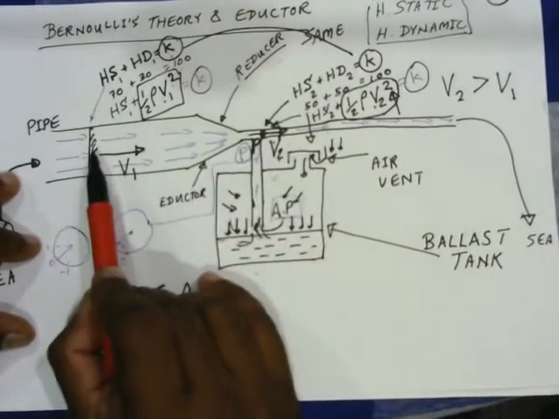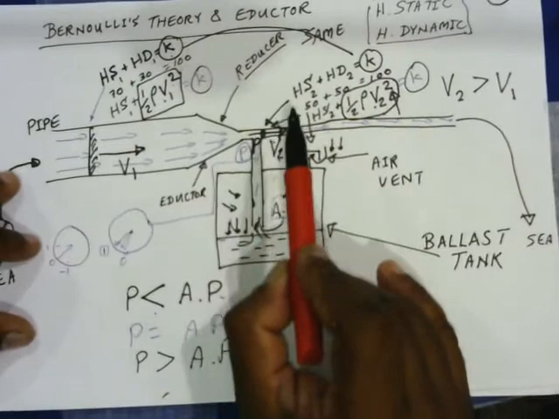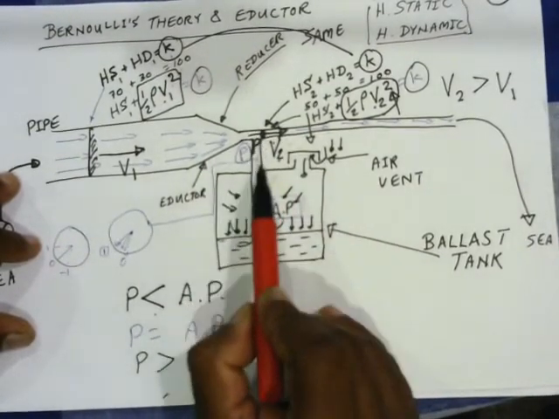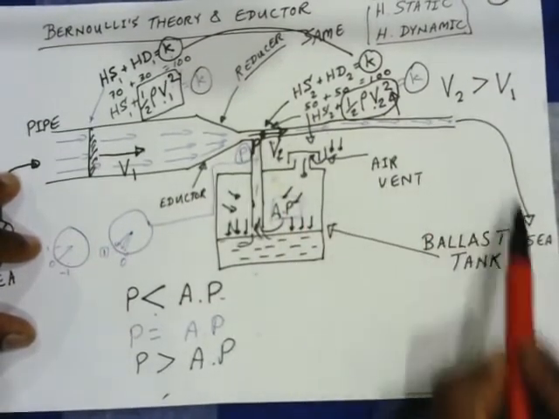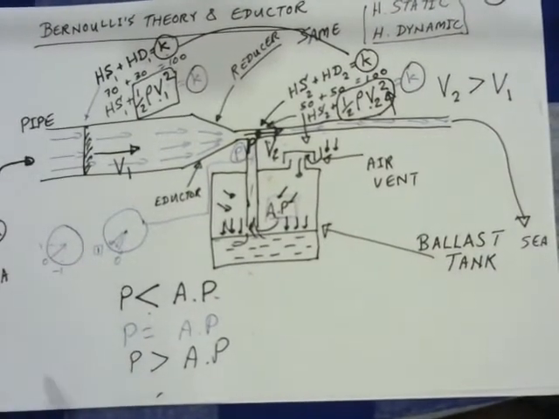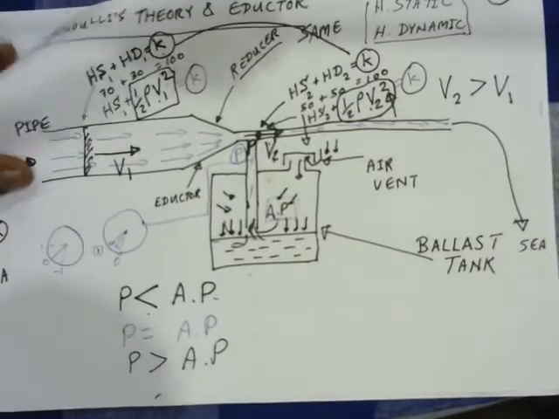And the next requirement is that the velocity of the water should be such that this pressure goes less than the atmospheric pressure. Then only will the eductor system work in a good manner. Right. Now, examples. Where can we find this eductor system in a ship?